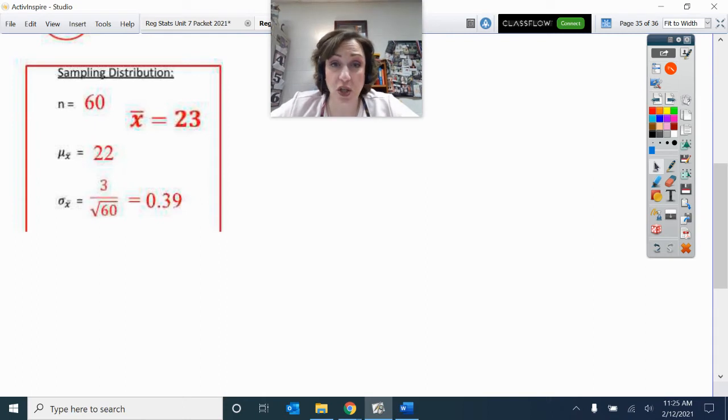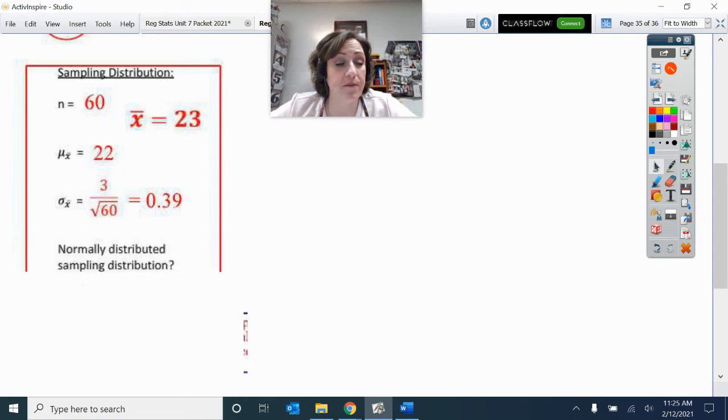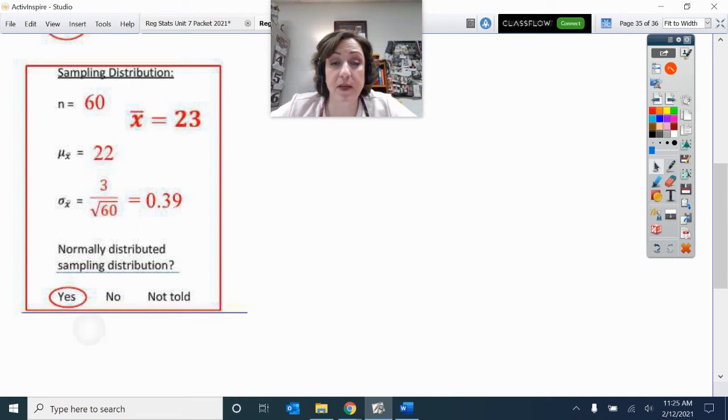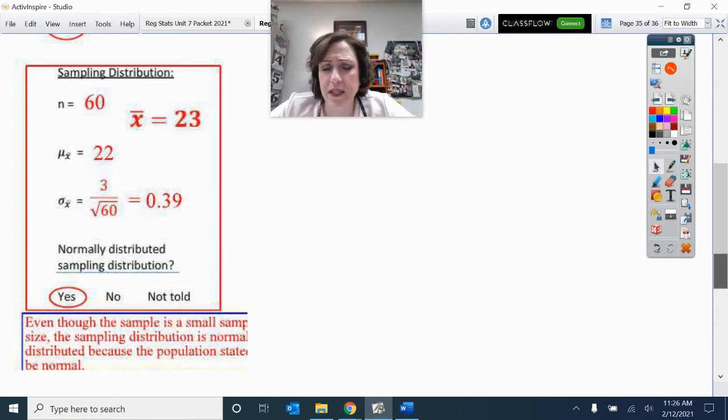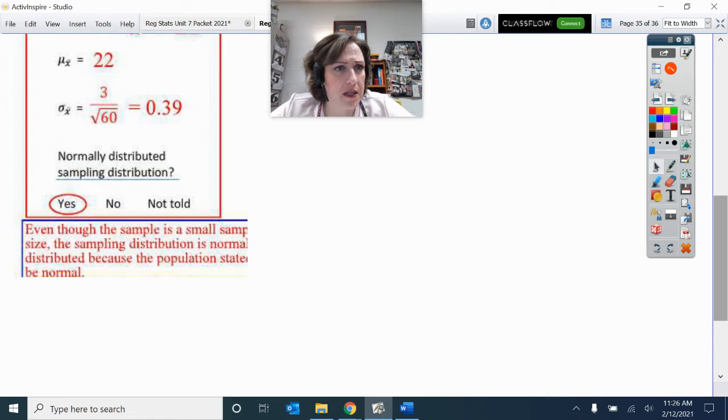But they have a smaller standard deviation because of its samples, 3 over the square root of 60, 0.39. Now, we know that it's going to be normally distributed as well if the population is, so we do know that.